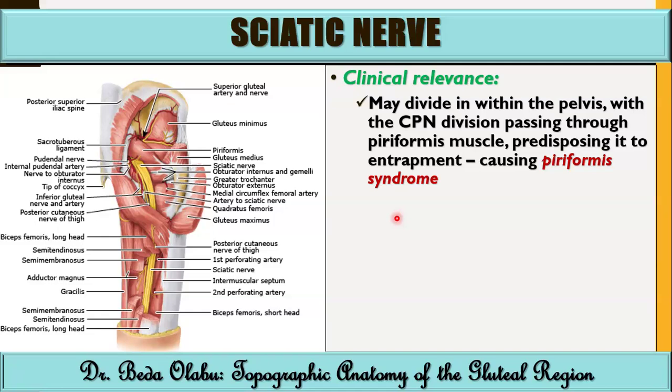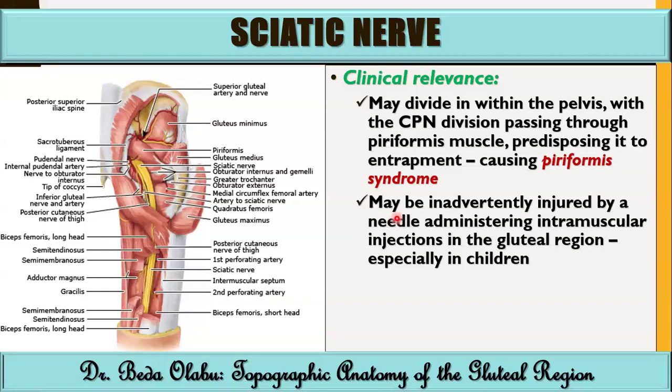Sometimes you may just have also a hypertrophic piriformis, and so it can entrap the whole nerve, not just the common peroneal division. All in all, we call that piriformis syndrome. The symptomatology that arises from compression of the sciatic nerve or its component by piriformis muscle is called piriformis syndrome.